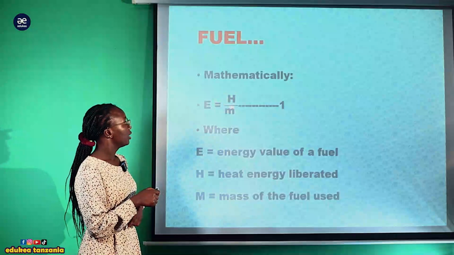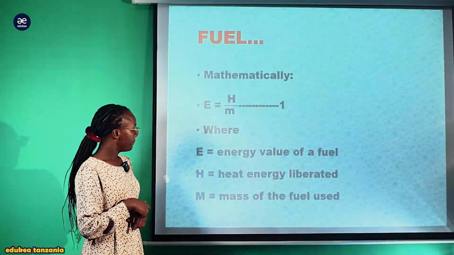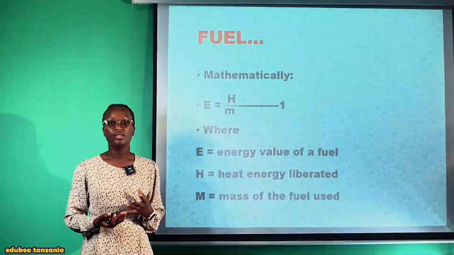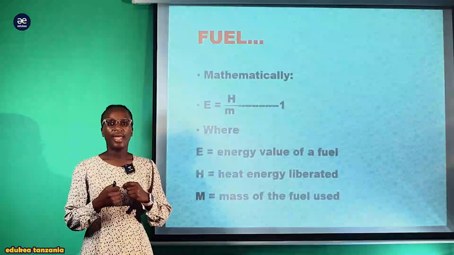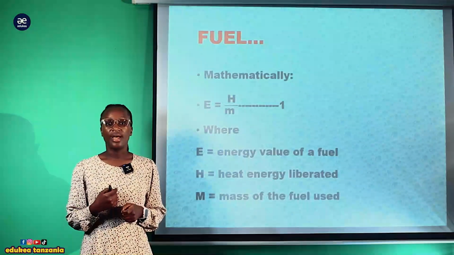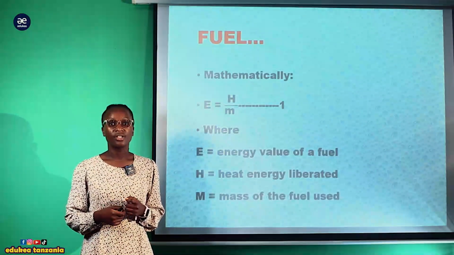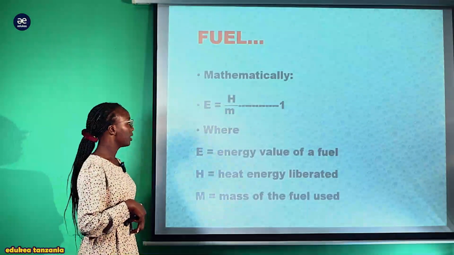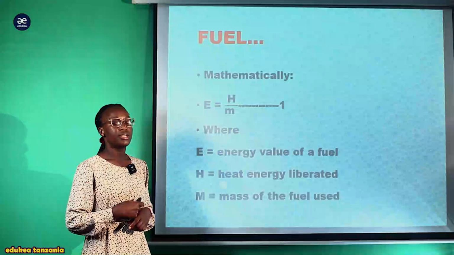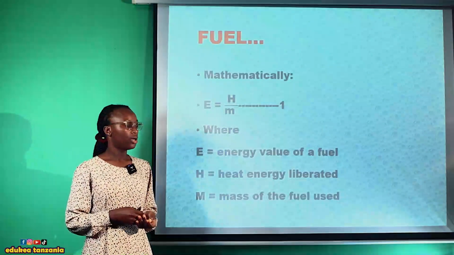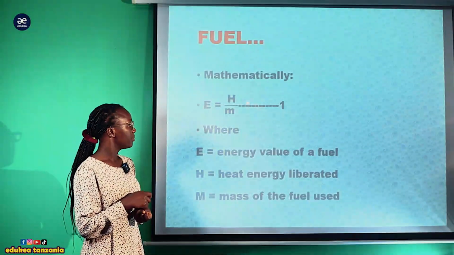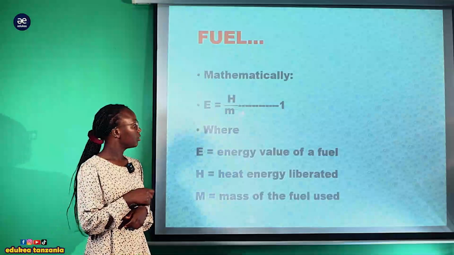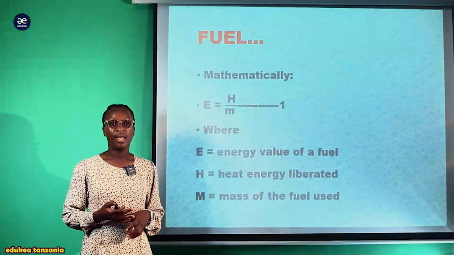M means the mass of the fuel used, the amount of fuel used. E stands for the energy value of the fuel. So we come to get a simple mathematical equation here, and this we highlight as equation 1.